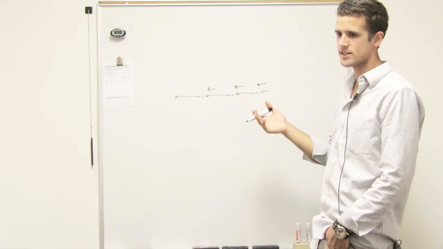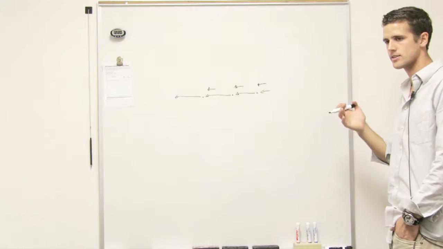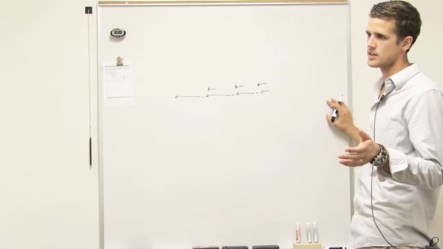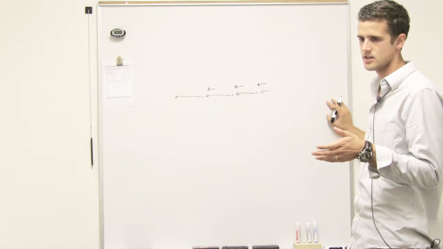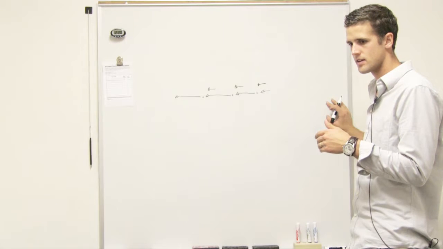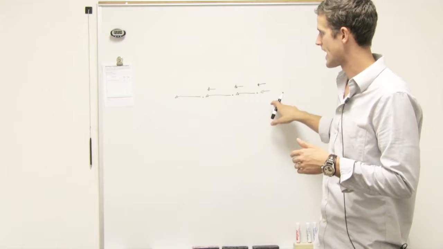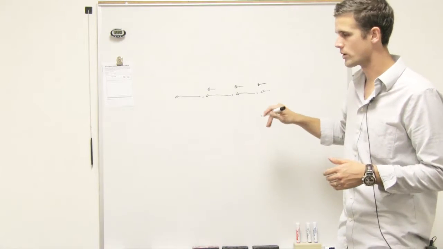I know it's weird to think about, right? So you kind of have to reject what you're thinking. Typically we think that if it's speeding up, it's a positive acceleration, and if it's slowing down, it's a negative acceleration, right? But with physics, it's actually based on our coordinate system.